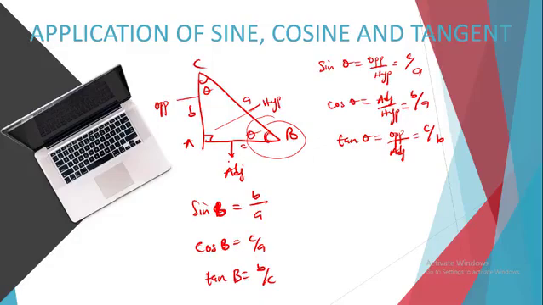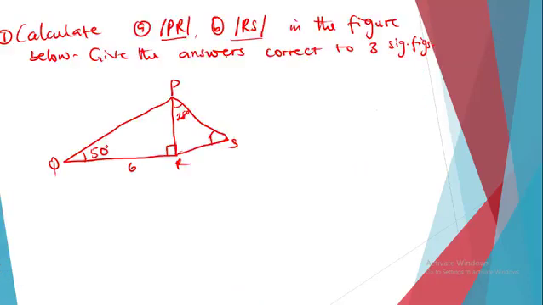In that case, we then take more explanation on that. We have a problem here on the screen. Calculate line RS in the figure below. Give the answers correct to 3 significant figures.